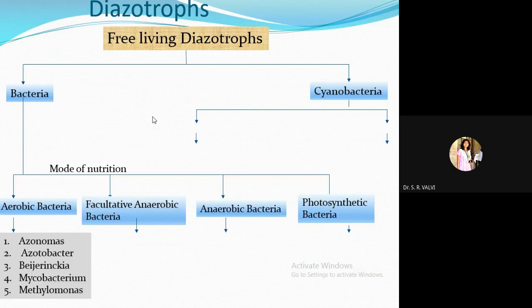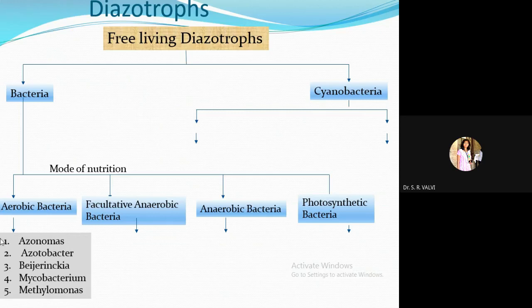Now see which are those aerobic bacteria. Here Azomonas, Azotobacter, then Beijerinckia, Mycobacterium and Methylomonas. See students, please do remember these names of bacteria, because suppose I further say only Beijerinckia, directly what should come to your mind is that Beijerinckia is an aerobic bacteria, and that is one kind of free living diazotroph.